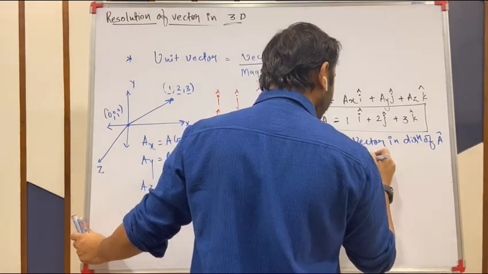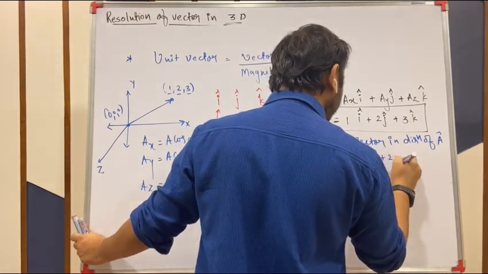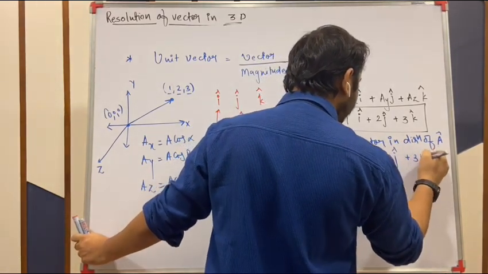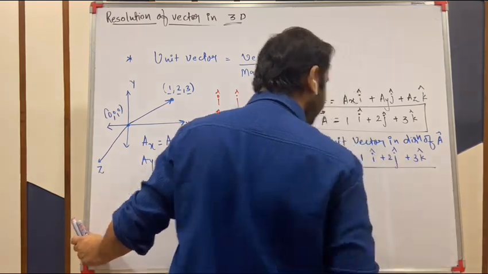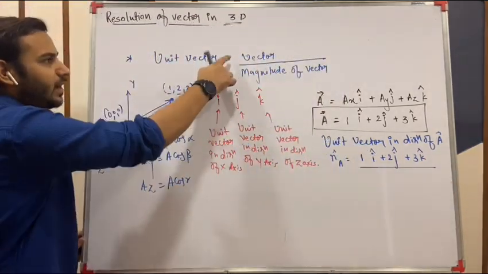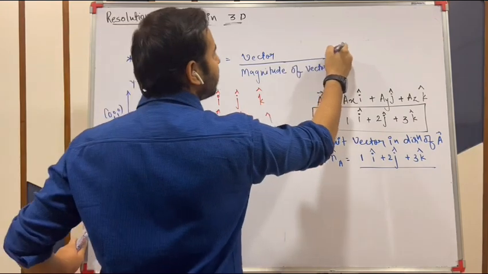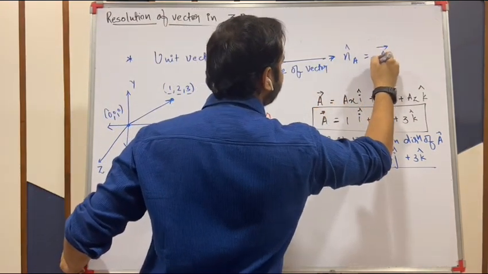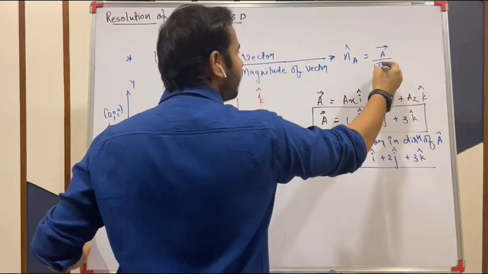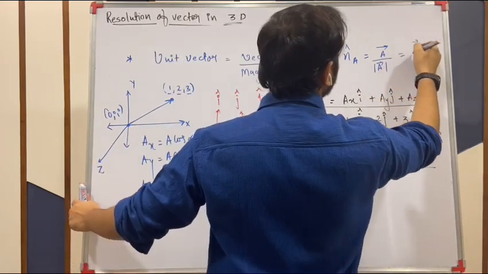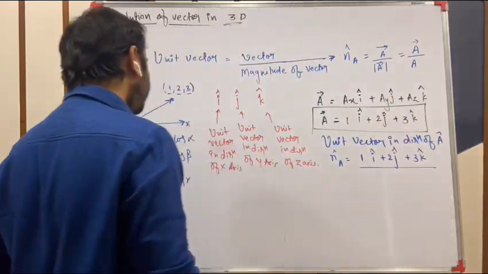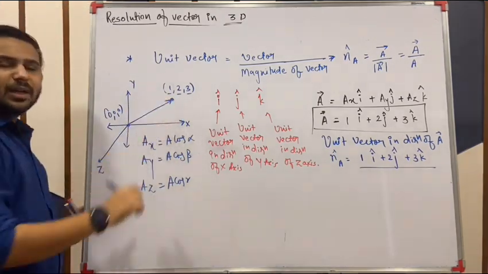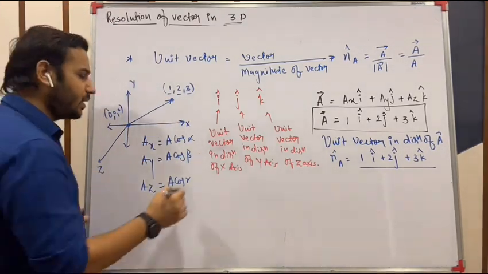What is the vector? 1 i cap, 2 j cap, 3 k cap upon its magnitude. You can say nA cap is vector A upon magnitude of A, or can be written as vector A upon A, its magnitude.